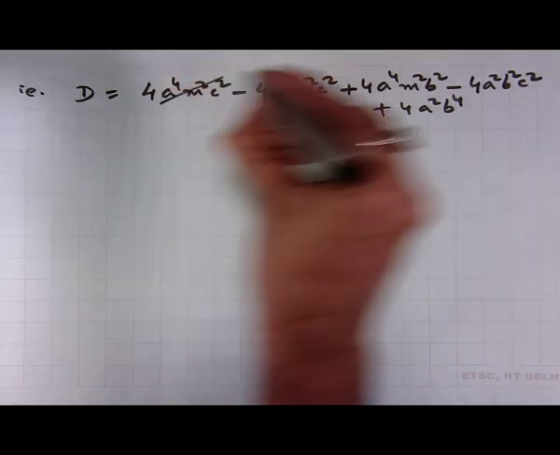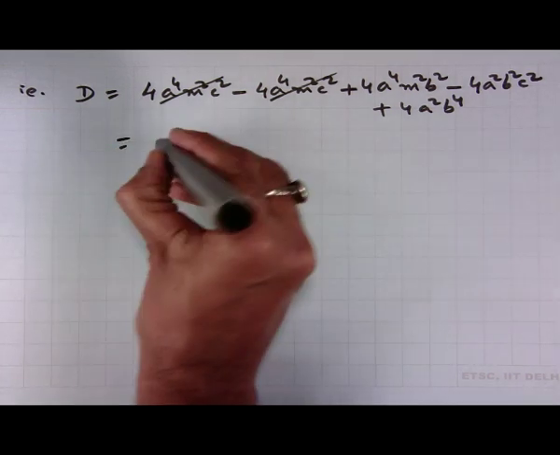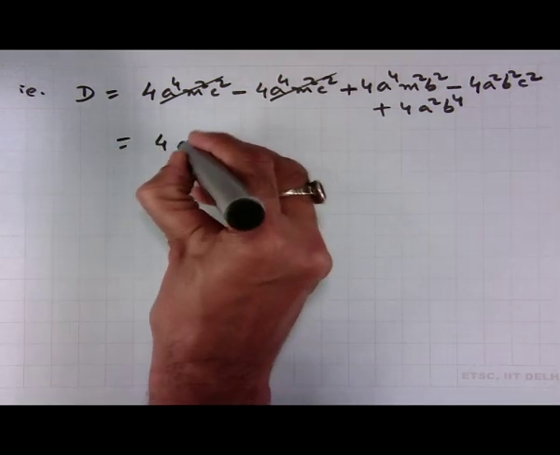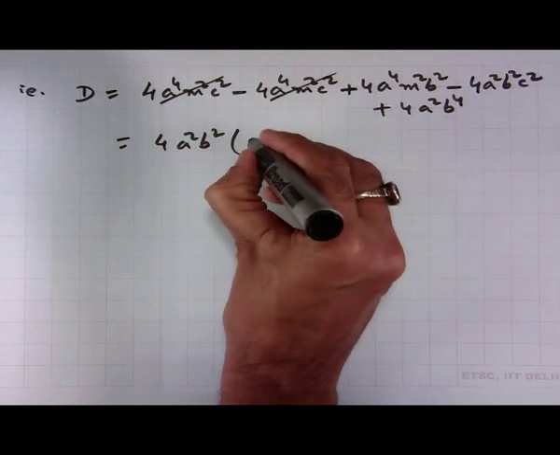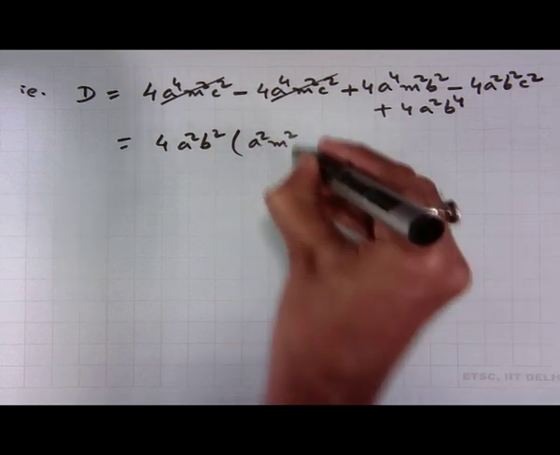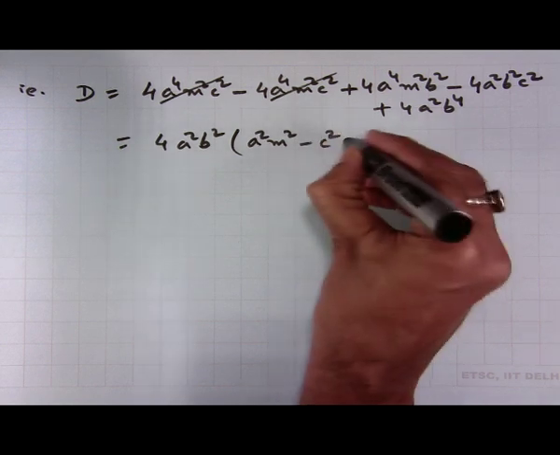So, this cancels, and this can be written as 4 times a square b square common, and then we get a square m square minus c square plus b square.